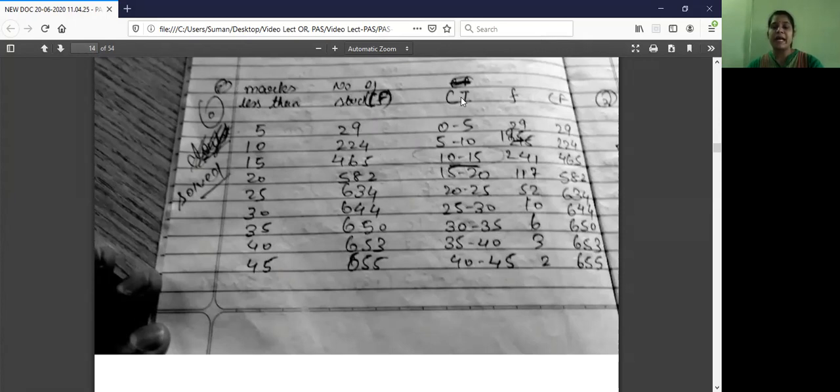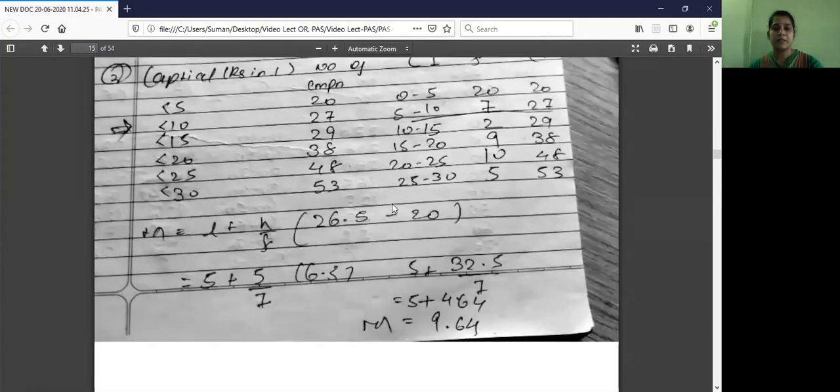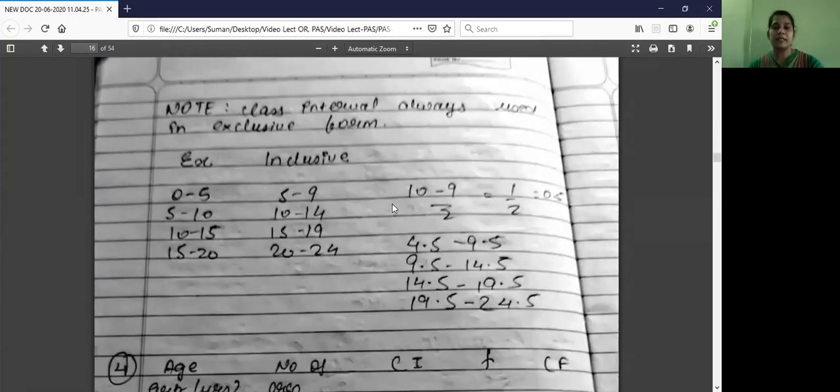So we make a class interval and a frequency and find capital N. The formula is L plus H upon F times n by 2 minus C. Solve this question according to our formula and the median is 12.147.